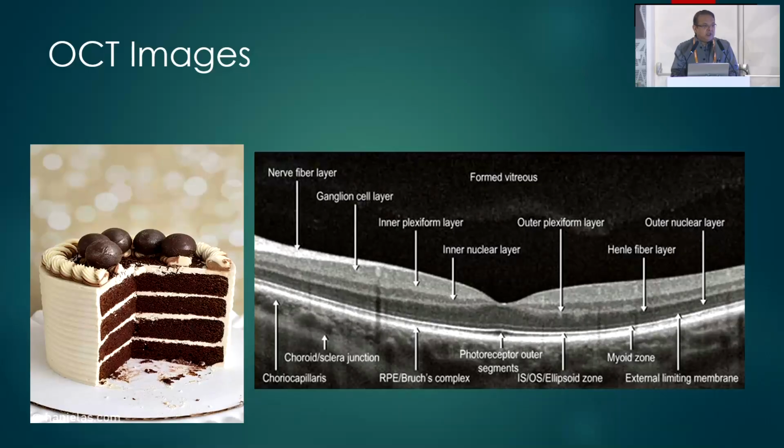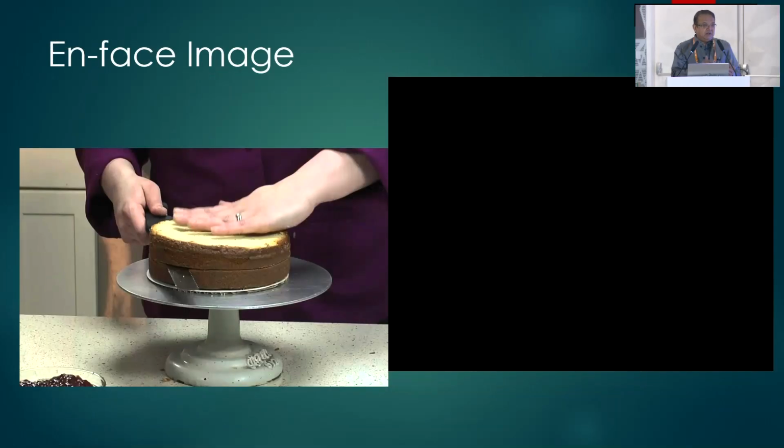In OCT, as Dr. Nadal Hussain has told us, you see the cross-section of the retina. Like if you cut a cake like this, you will see the cross-section of the retina and then you can demarcate the layers of the retina. But in OCTA, what you see is an en-face image, and you are turning off the pages of the retina one by one.